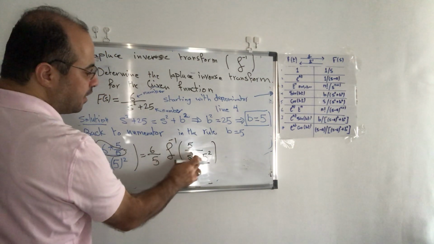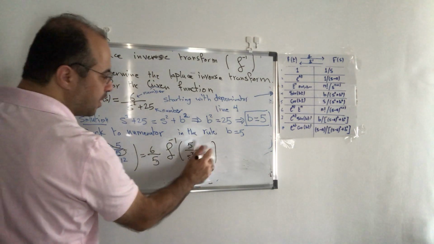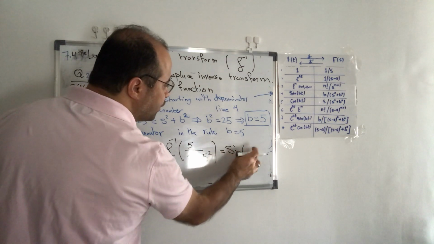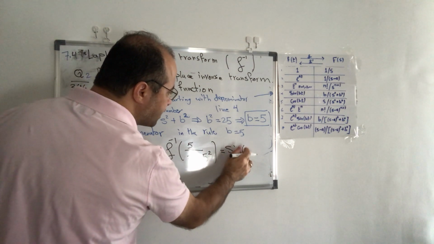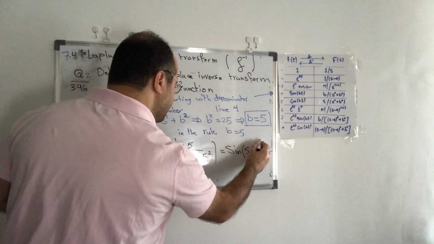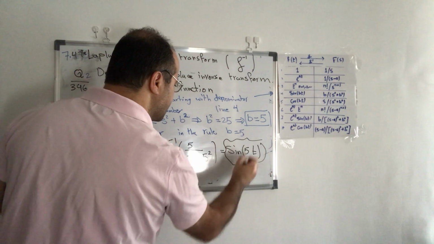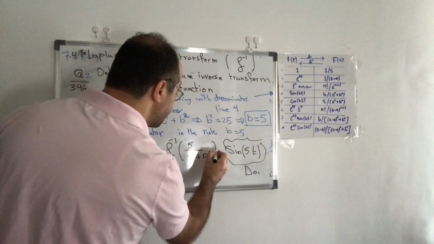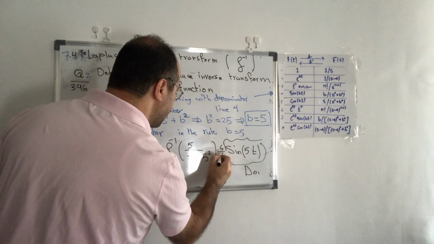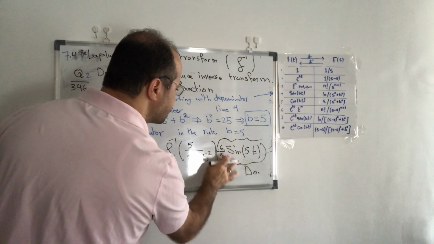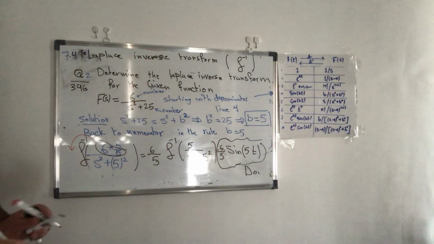Now this is p over s squared plus p squared, and it says this is supposed to be sine of pt. You don't replace the t, you replace the p, and you will get 5t, and then you are done. Sorry, I forgot here the 6 over 5. So 6 over 5 sine 5t.